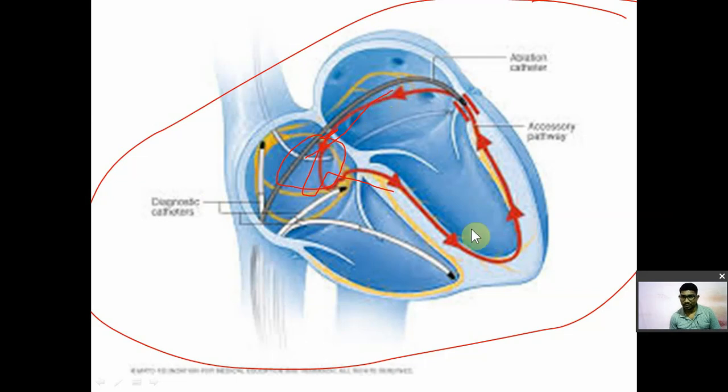So atrium will contract and drain their blood into ventricle, and after this, the impulse reaches the septum, ventricles will be contracted. In Wolff-Parkinson syndrome में क्या होता है एक कंडक्शन जो है वो abnormal होता है. So instead of going to left ventricle, ये कंडक्शन फिर से एट्रियम में भी आता है, ठीक है, एट्रियम में भी आता है. That is known as Wolff-Parkinson-White syndrome, conduction abnormality. So that is a genetic disease of conduction abnormality of the heart.